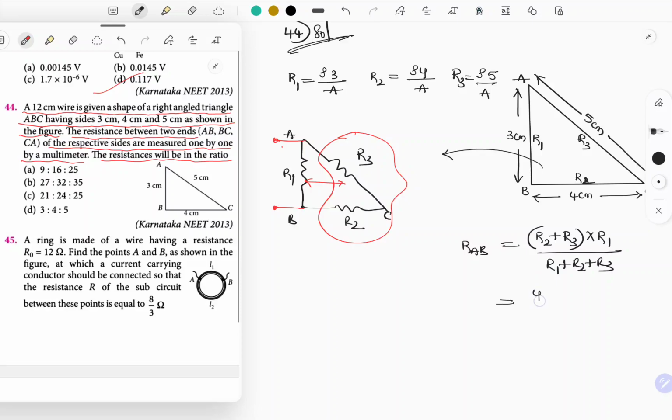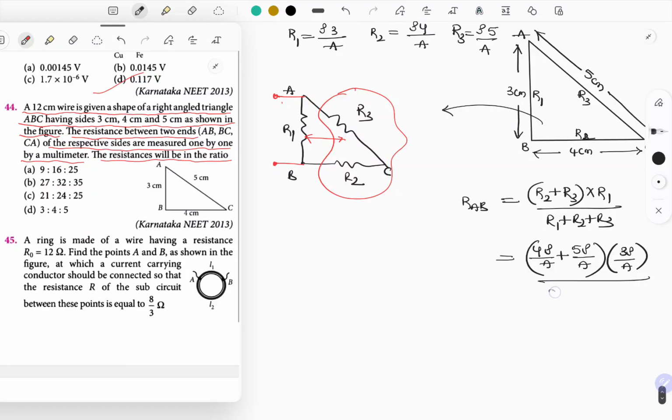So R2 value is 4 rho by A, R3 is 5 rho by A, into R1 which is 3 rho by A, divided by 3 rho by A plus 4 rho by A plus 5 rho by A. Okay, so from this, as denominator is same, numerator can be replaced as 4 rho plus 5 rho, 9 rho by A. 9 into 3, it's going to be 27 rho square by A square, divided by 3 rho plus 4 rho is 7 rho, 7 rho plus 5 rho, it is 12 rho by A. So 1 rho by A will get cancelled.